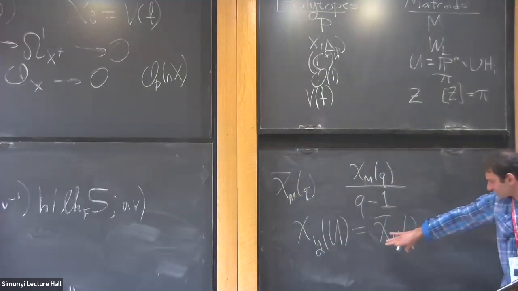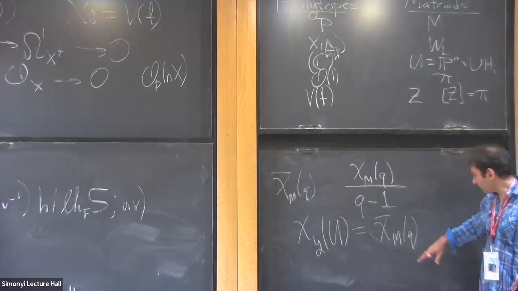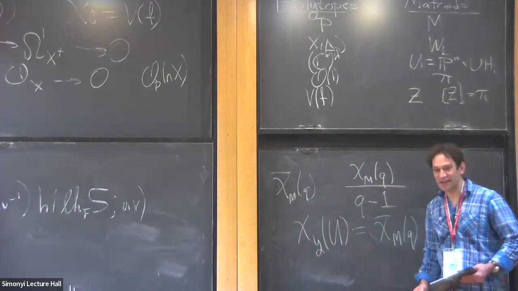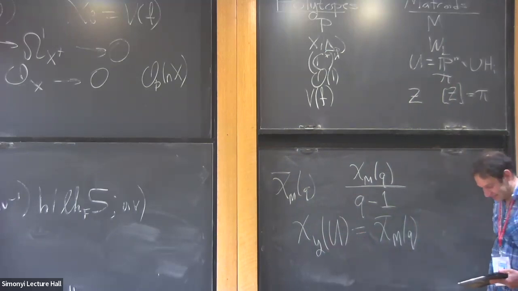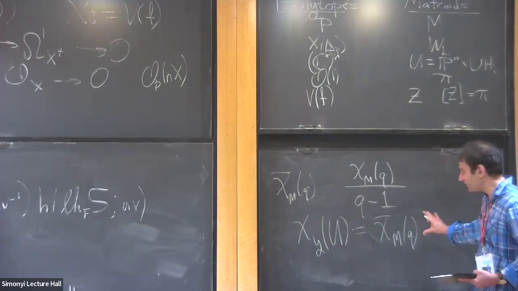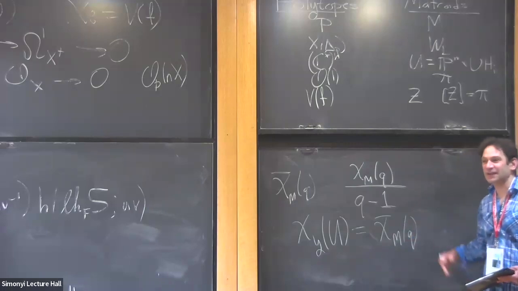So the characteristic polynomial is already the cohomology of an open thing. And this is a consequence of the Orlik-Solomon theorem. And so this is an acceptable guy, and we'll be able to close it up to a symmetric guy.